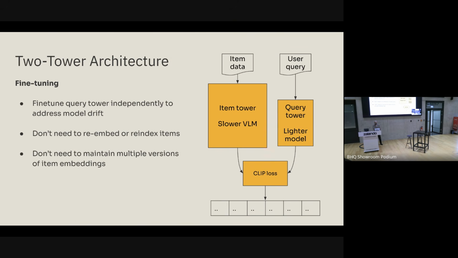And if you fine-tune your query tower, it means your item tower stays the same, which means you don't need to re-index or re-embed your catalog, which means you don't have to maintain multiple versions of your item embeddings. It's just the query tower that can run and change in production, and that is convenient for several reasons.